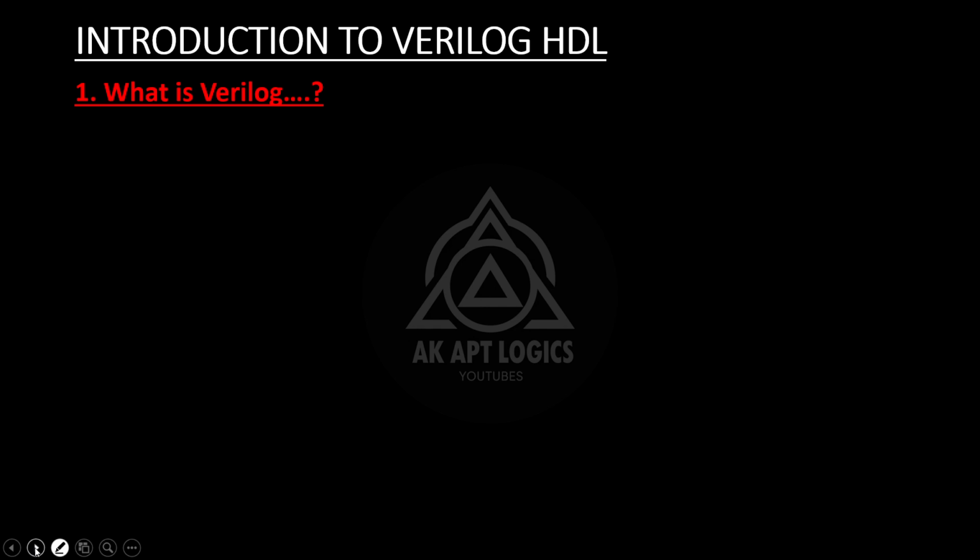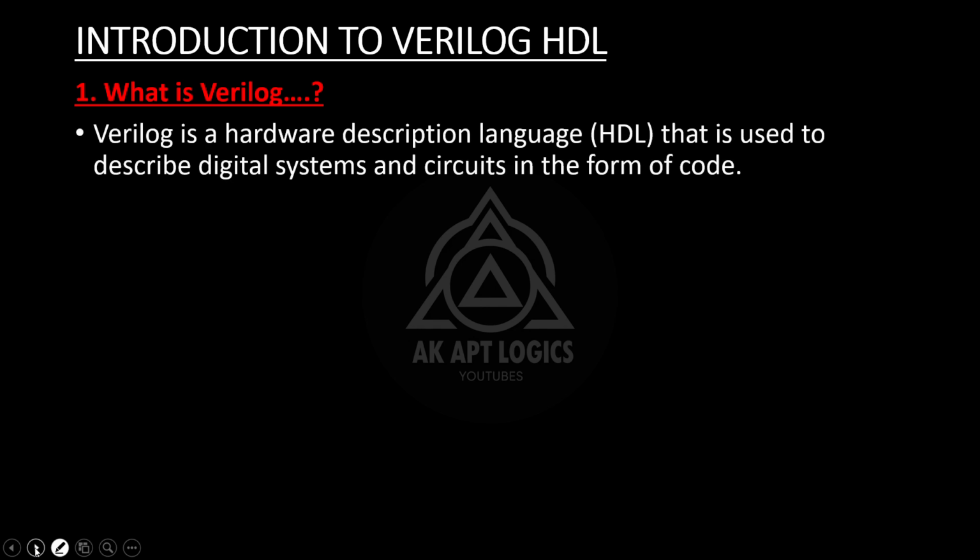What is Verilog? Our first topic. Verilog is basically a hardware description language. What is meant by hardware description language? It means it is used to describe hardware. What is meant by hardware?